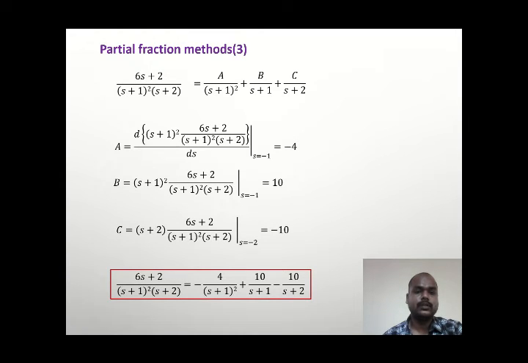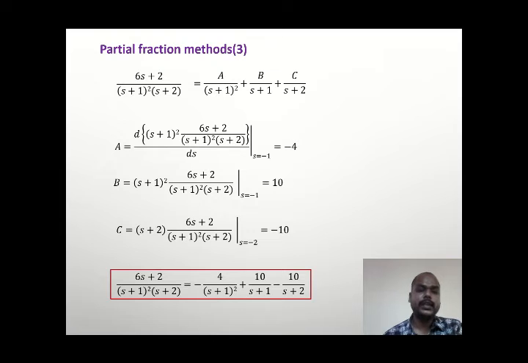With the same approach, we can proceed to a slightly more complicated case here, which is again a/(s+1)² + b/(s+1) + c/(s+2), and this is generally what we are expecting.